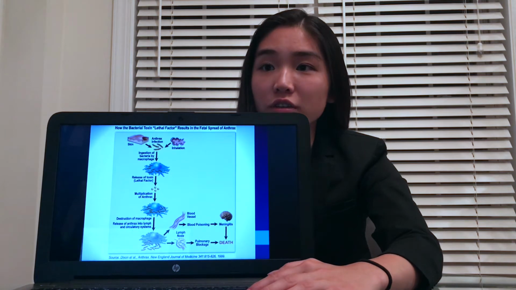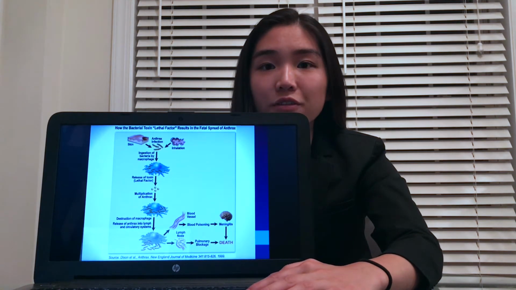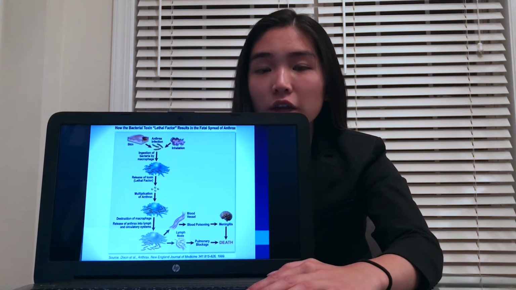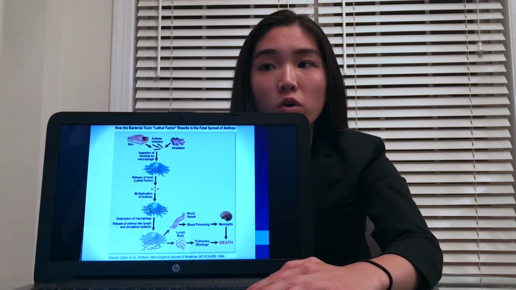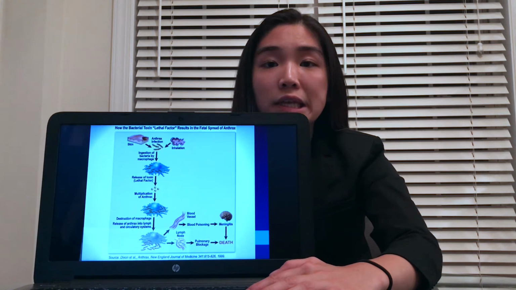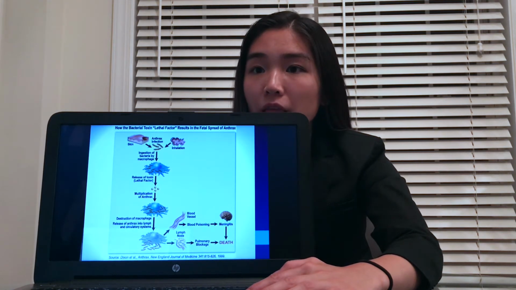The anthrax toxins, which are composed of protective antigen, lethal factor, and edema factor, alter cell signaling pathways in the host to interfere with the host's innate immune responses.